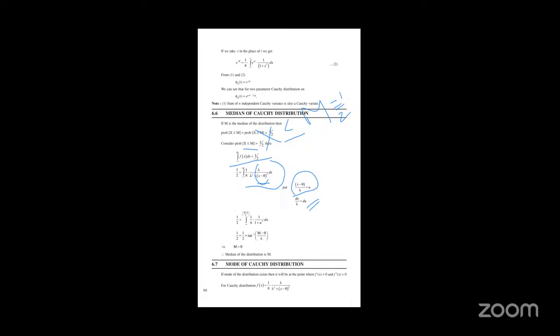So we substitute 1 by 1 plus u squared du. The upper limit M becomes m minus theta by lambda, with the factor 1 by pi. Here 1 by 1 plus u squared is the formula of the tan inverse, so we substitute tan inverse. So 1 by 2 equals 1 by 2 plus 1 by pi tan inverse of m minus theta by lambda. So tan inverse goes to zero.